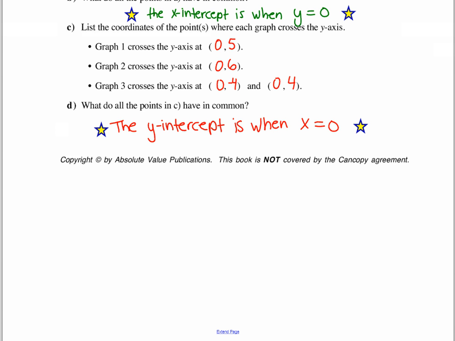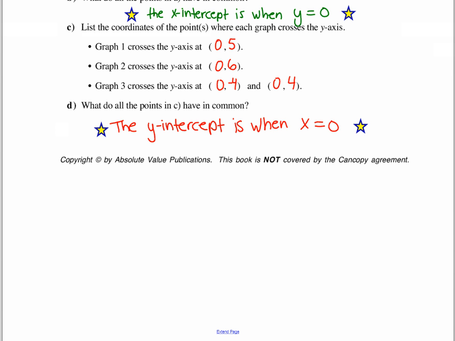So could I not just set x to 0 and find what y is? It would be 2 times 0 plus 3, which is 3. So the y-intercept here, when x is 0, y is 3.